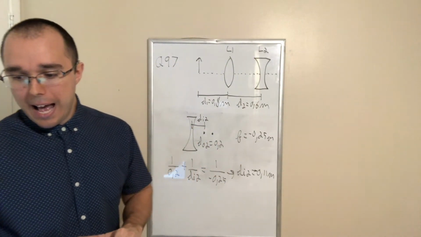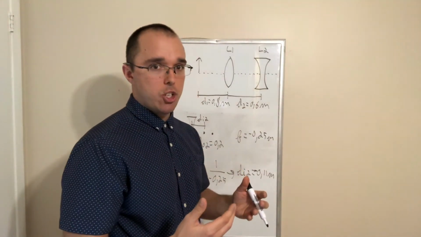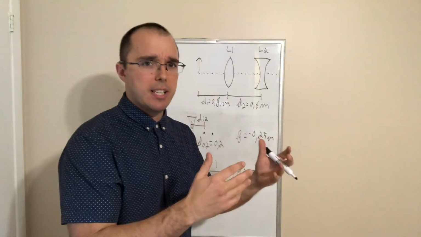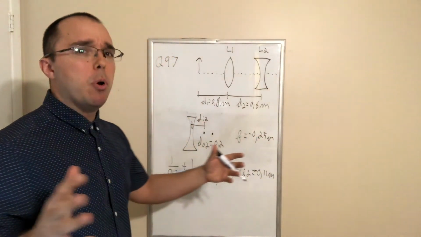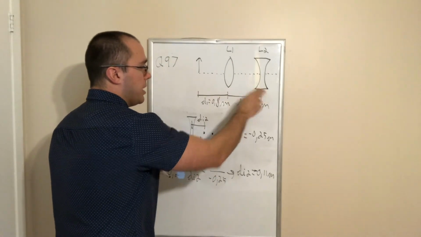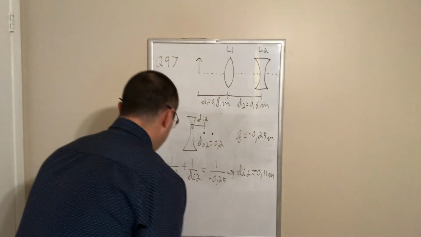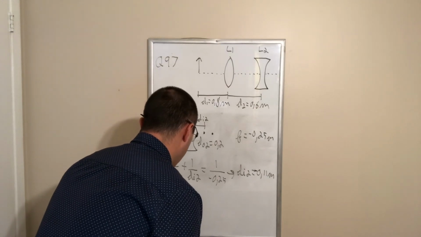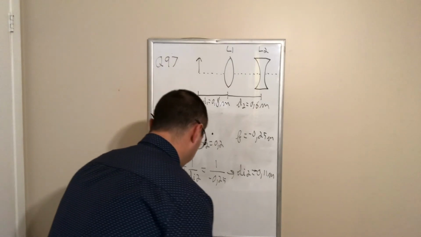Now we are asked what is the magnification, and the magnification here, using the same principle we used in the previous example, is that we simply multiply the magnification of each of the individual optical devices. So in this case, magnification is equal to M1 multiplied by M2.